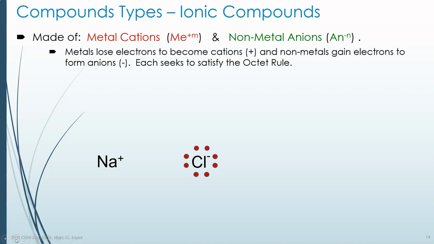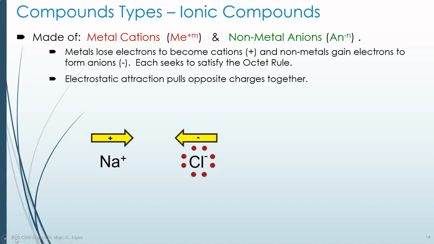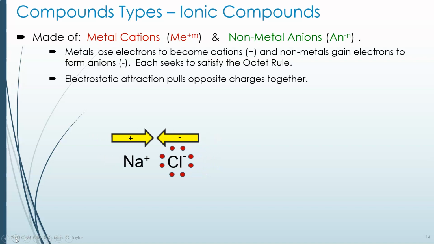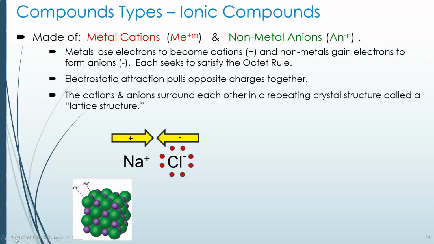So they both satisfy the octet rule, and now they're oppositely charged, and they attract one another. And that is the nature of any ionic compound. You'll have positive ions and negative ions attracting each other because of the electrostatic attraction where opposites attract. And this is not just between one sodium and one chloride ion.